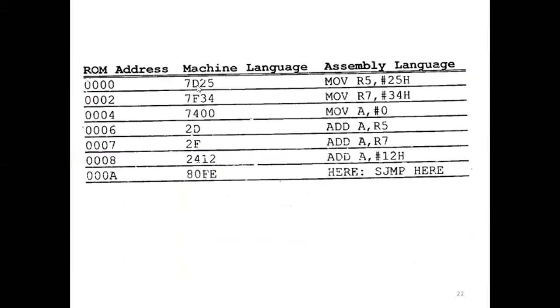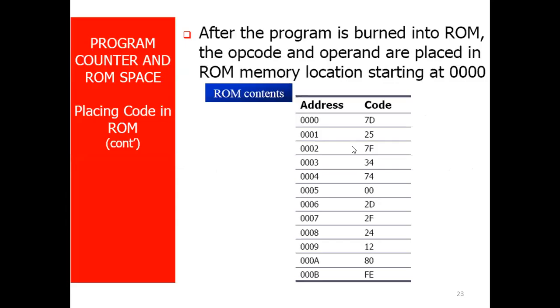This is the machine language, that is the opcodes and data. Then this is the assembly language, and this is the ROM contents. One byte at a time is stored in each ROM memory location.